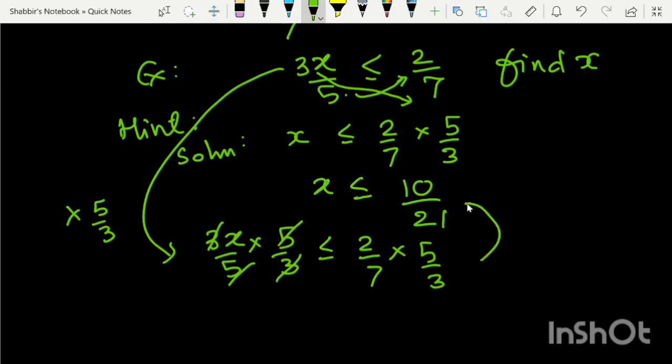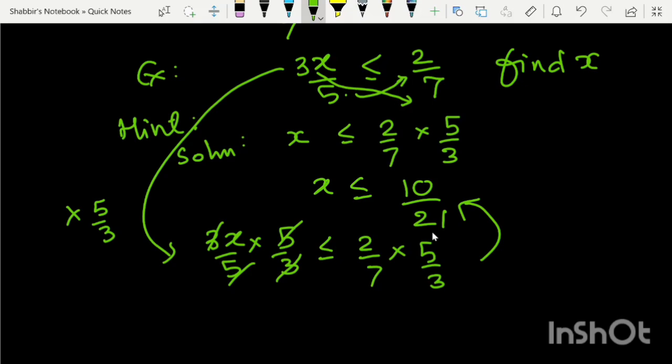Now again you will get the same result. Okay, so cross multiplication of the coefficients is allowed, guys. It is actually the same as using this rule of multiplying by a positive constant on both sides. Any way you can do it, whichever you feel is comfortable to you.